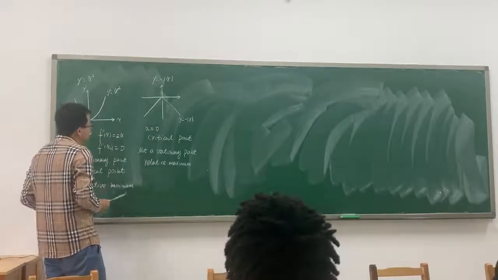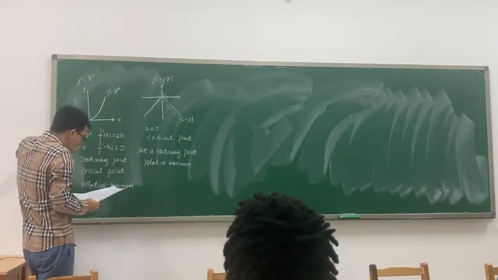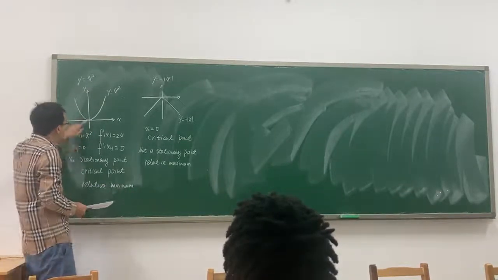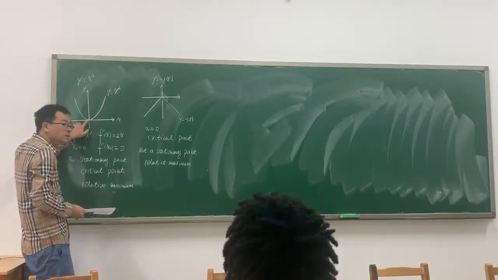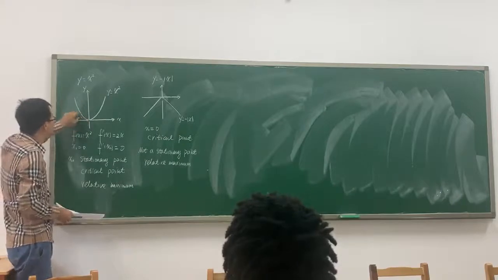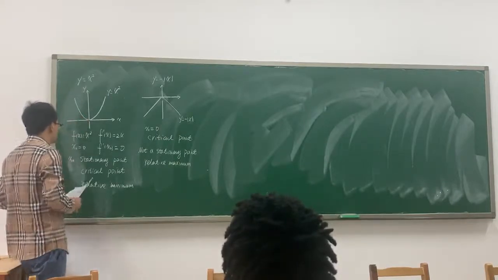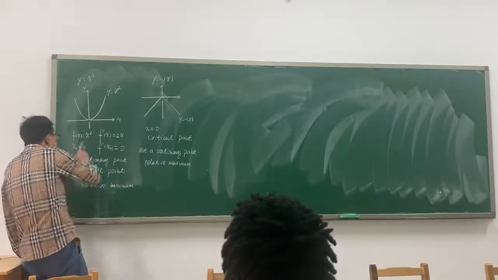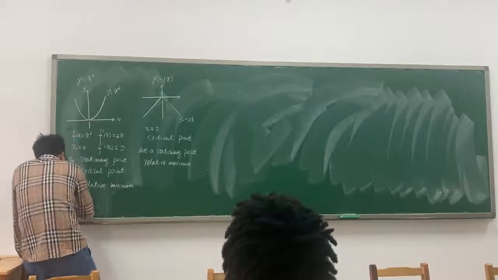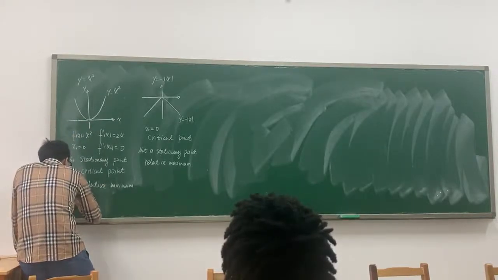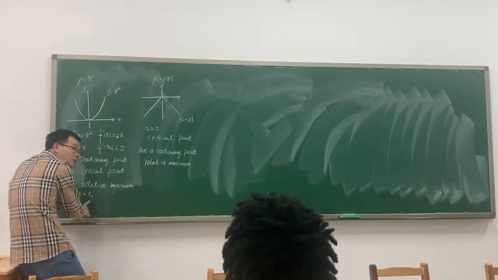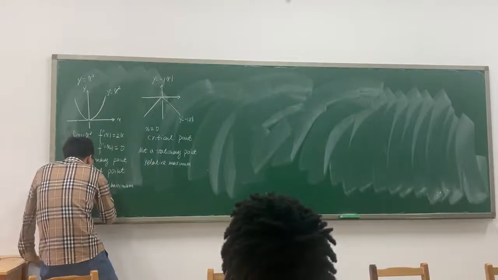Now from these two examples, it's easy to see at the first point, on the left of 0, when x is less than x0, where x0 is 0, f prime x equals 2x.